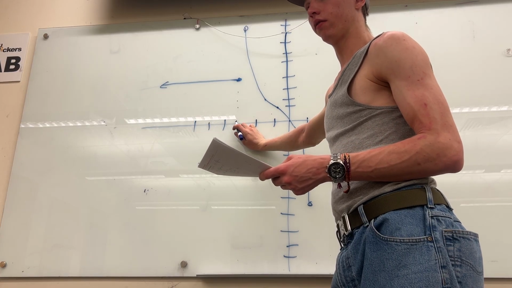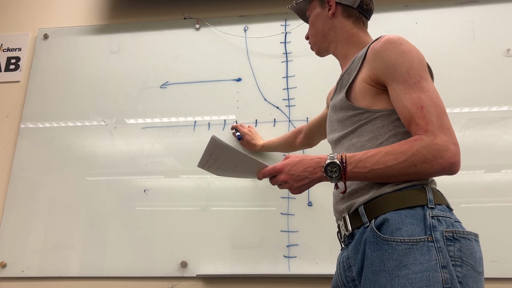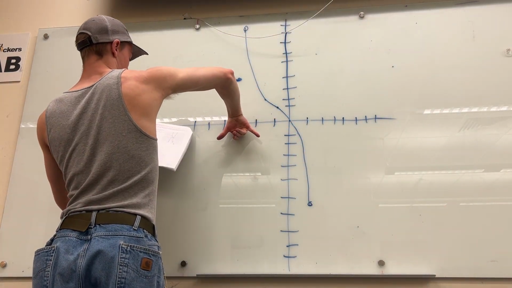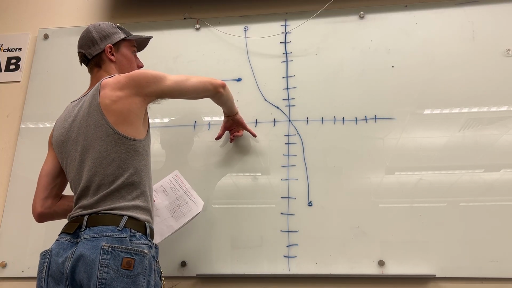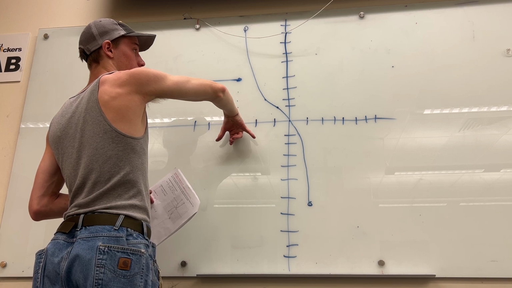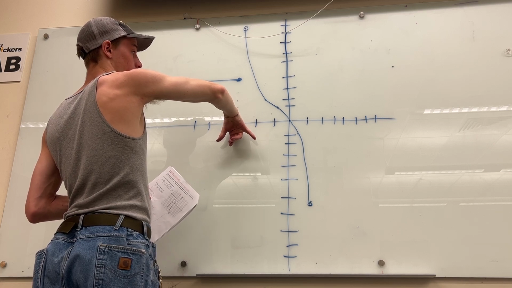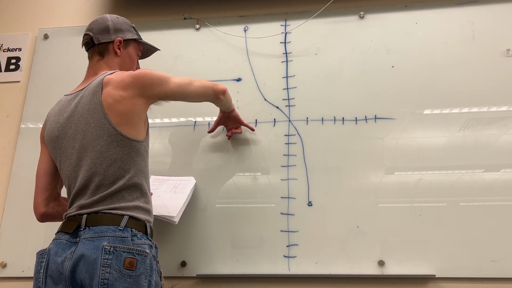The negative outside of the parentheses means you are flipping it over the x. So we're taking this, doing this, and then the 2 is shrinking it horizontally by a factor of 2. So we're doing this, and then up 2.